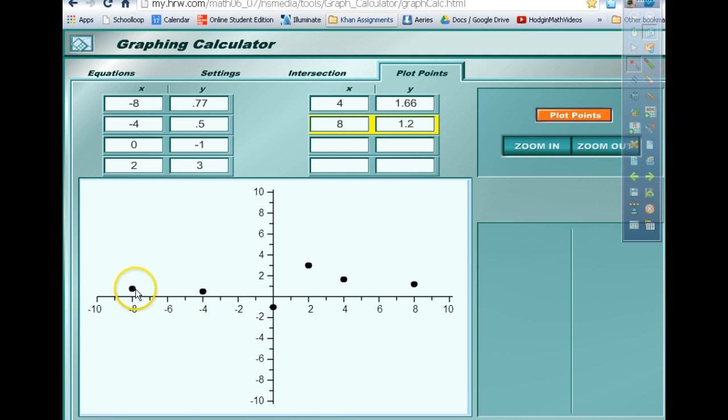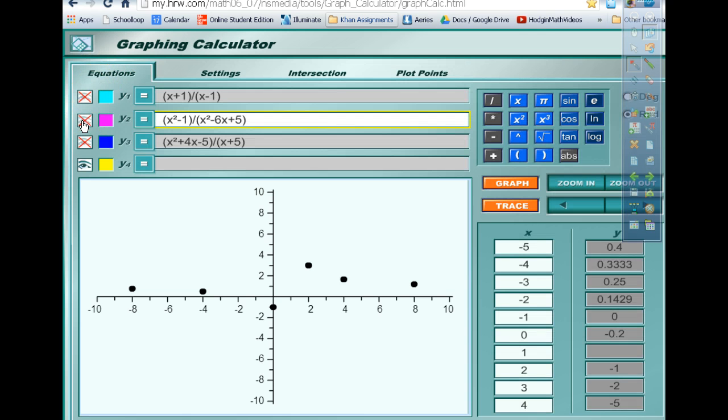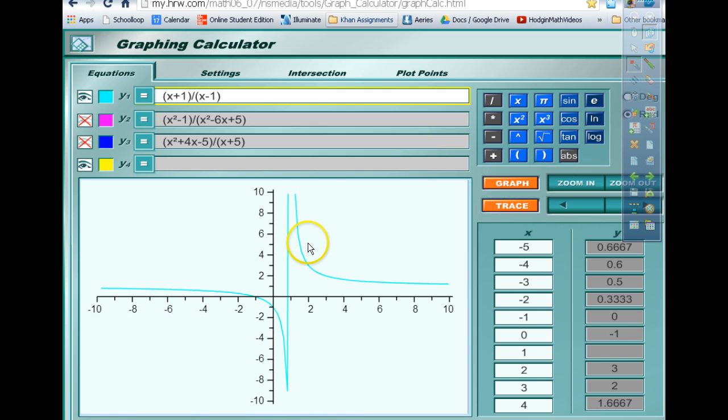So you can see this is what we get just from plotting. So we really need to know about that asymptote and where it is. It's very important. Without it, it's not going to help. So if I go over here, you can see it follows those dots quite nicely. And remember, this is a dotted, undefined line at x equals 1.